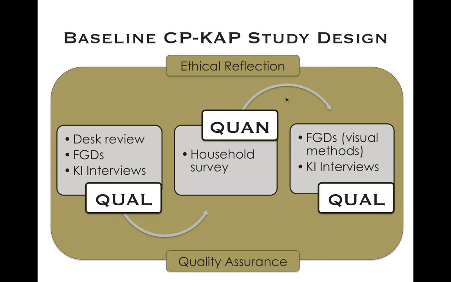Towards the end of the study, we used qualitative methods again to collect information on the same topics that were covered through the household survey. All in all, we did 55 key informant interviews and talked to almost 200 adults and children ages 7 to 17 through the qualitative components.